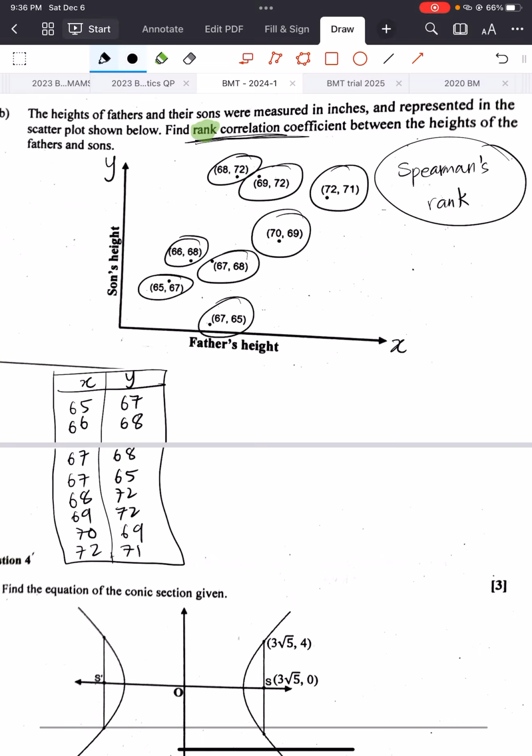So for rank, the word itself tells you that you need to rank the values.